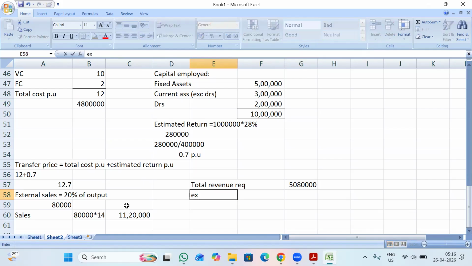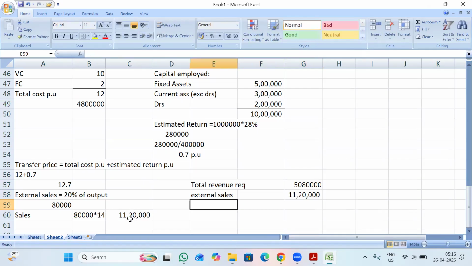However, I'm getting external sales of 11,20,000. So for internal sales, I need only 39,60,000. So required from internal sales, that is 39,60,000.